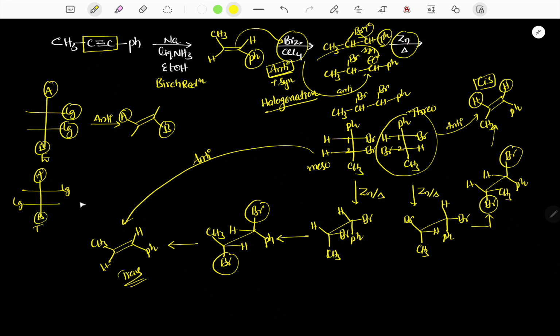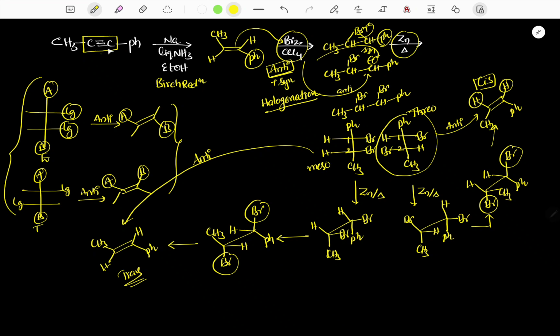Suppose a threo compound undergoes anti-elimination, we get the corresponding cis alkene. So this point you can remember for further reactions.